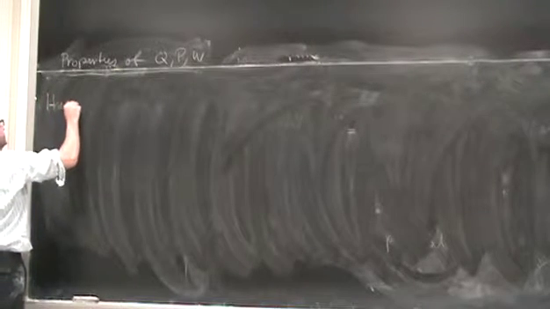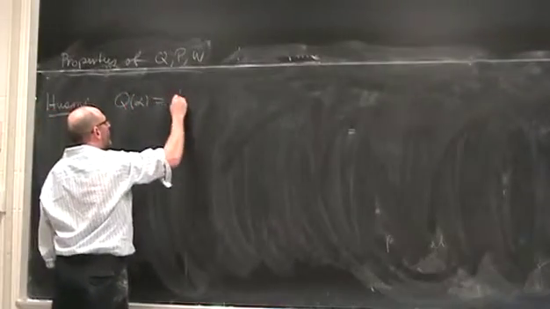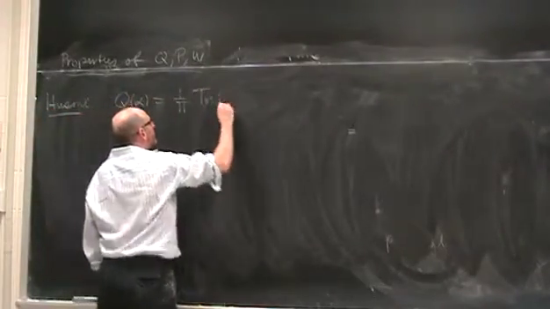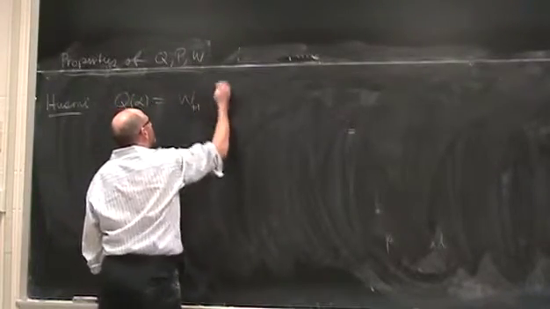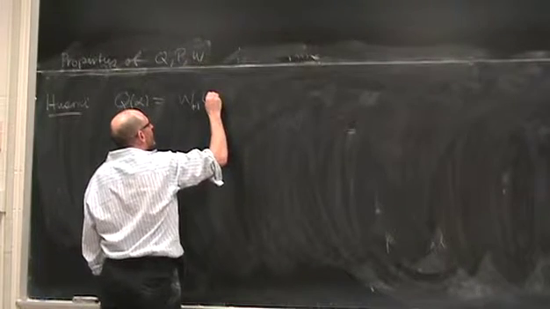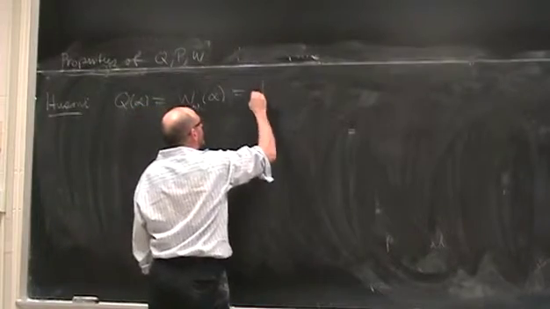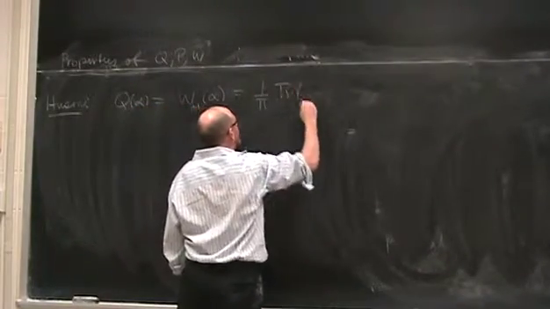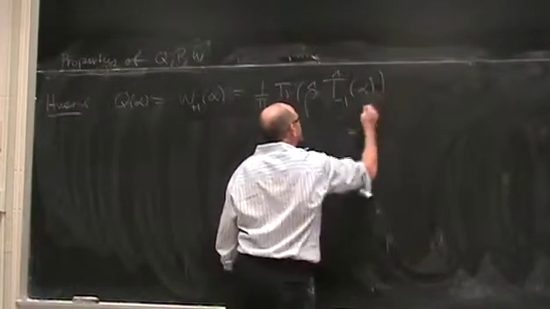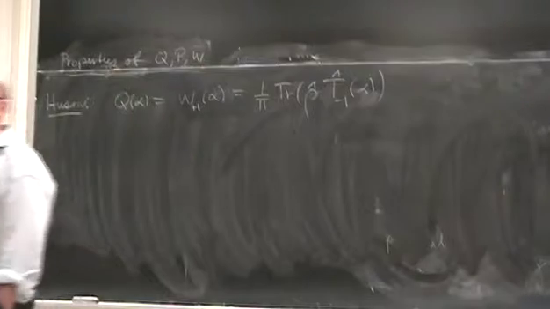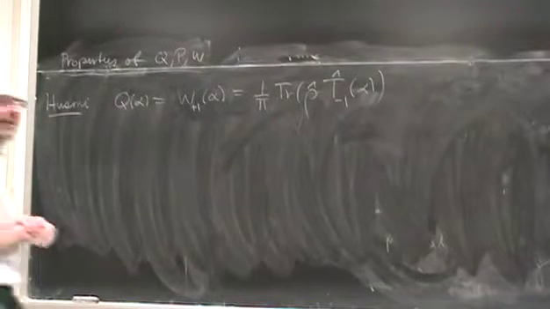Rossini. Q is equal to 1 over pi the trace of rho, again, it's the normally ordered representation, which is equal to 1 over pi the trace of rho with T minus 1. Now, here's something that will blow your mind.